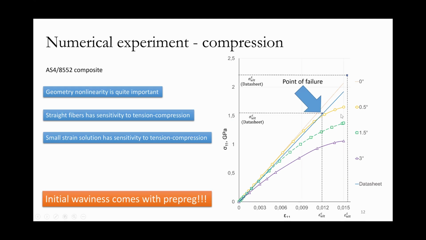And if we use finite strain theory and we have initial waviness, in these cases, we have this smooth decay of the stiffness. And this 0.5 degree looks well suited for manufacturing data for this composite material.